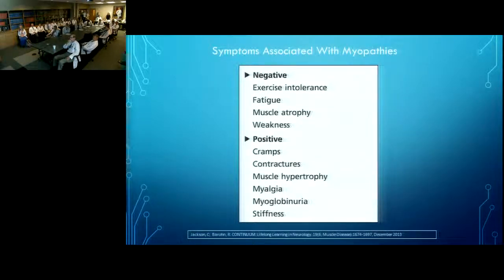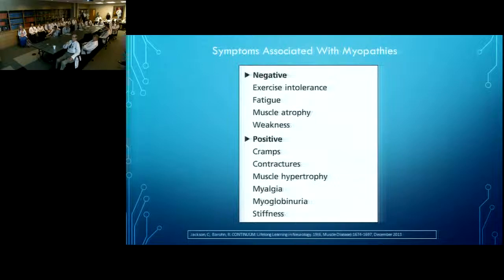So the most common pattern of weakness that you see in myopathies is proximal weakness. Patients will report symptoms related to proximal weakness in the legs, such as difficulty climbing stairs, difficulty rising from a low-seated chair, or difficulty rising from a squatted position.